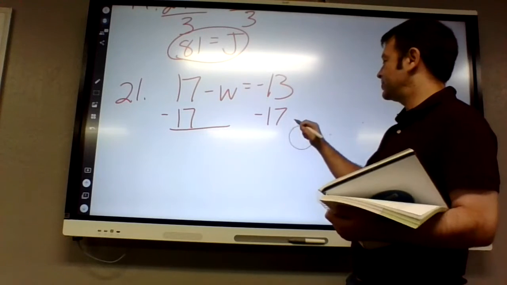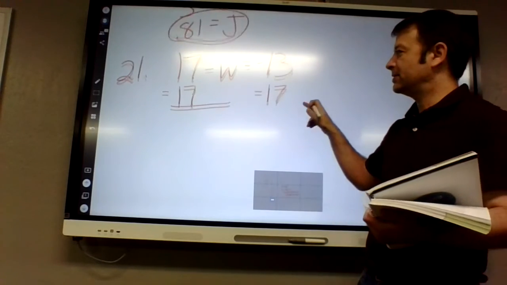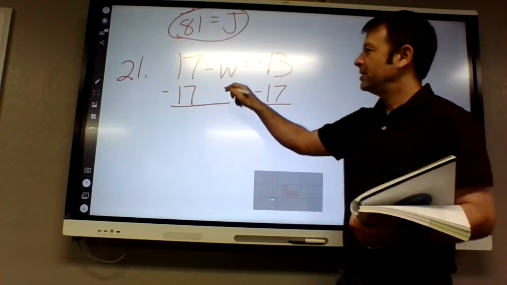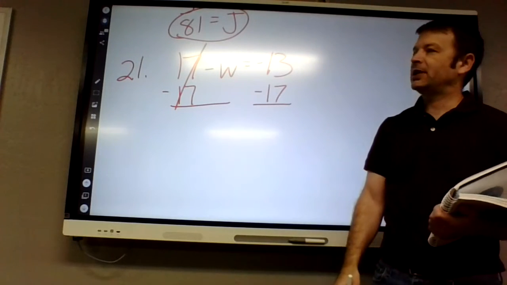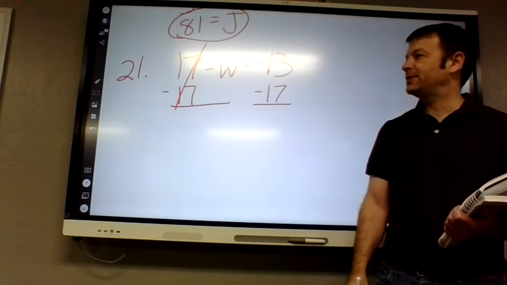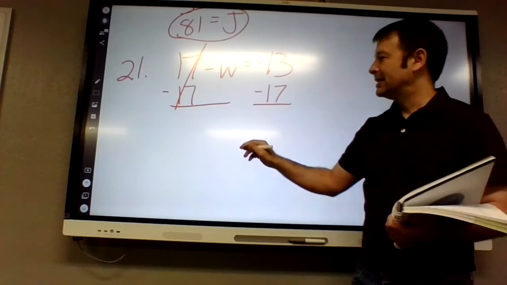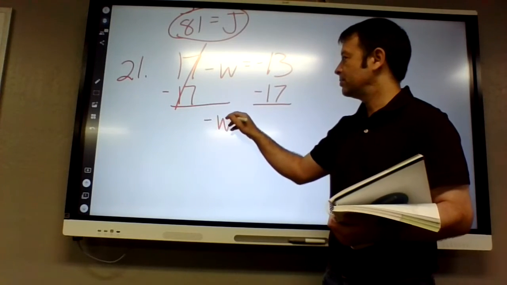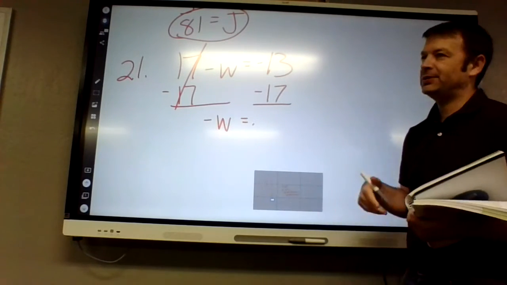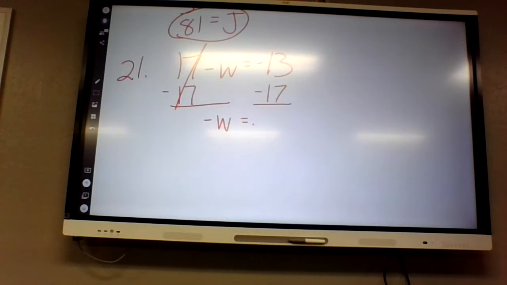Okay, that's not the only trick, however. The 17 goes away, that's good, but what do we have left on the left? Negative W. Minus W is like a negative W. Same thing is going to happen on 22. On 22 though, how would I get rid of the negative 24?